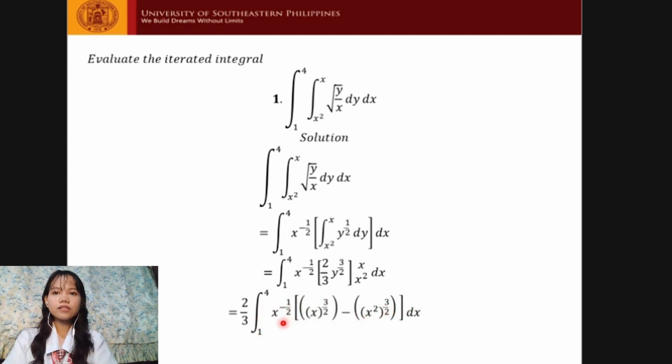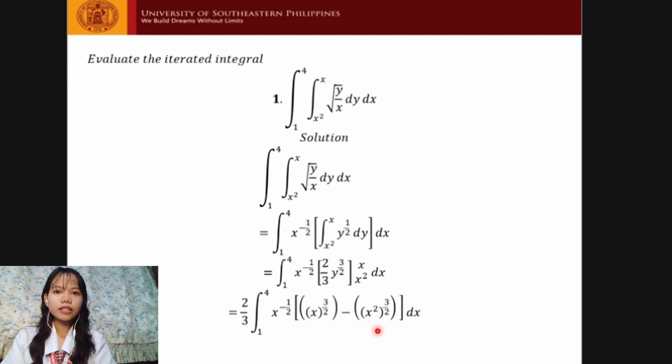So we have the x raised to the power of negative 1/2 multiplied to x raised to the power of 3/2 minus x squared raised to the power of 3/2 with respect to x ranging from 1 to 4. So let's first solve this expression inside the bracket.